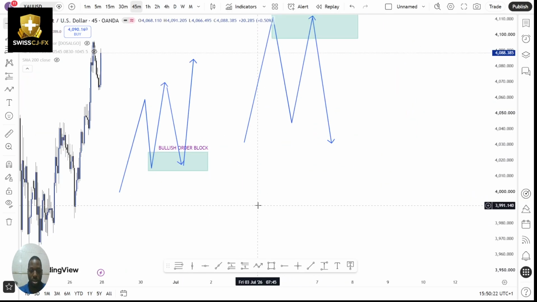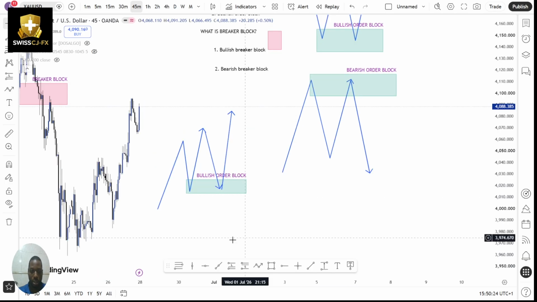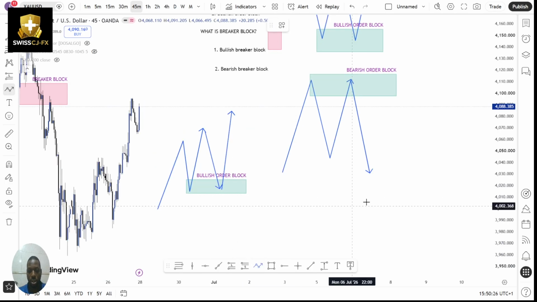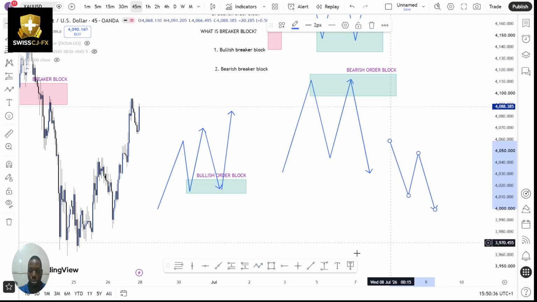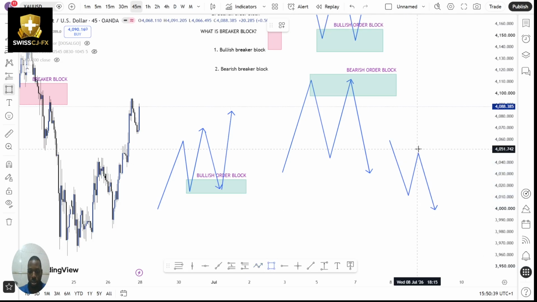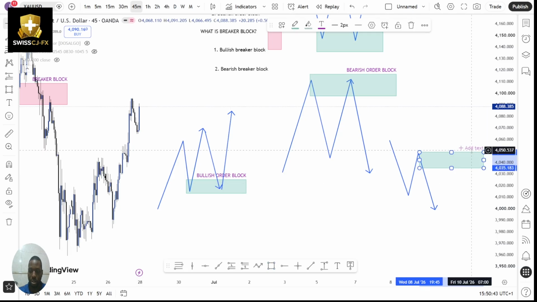It's the same with the bearish order block. To identify it, price is moving towards the downside, then price goes like this. When you see price move this way, you mark this zone right here. This is the bearish order block.